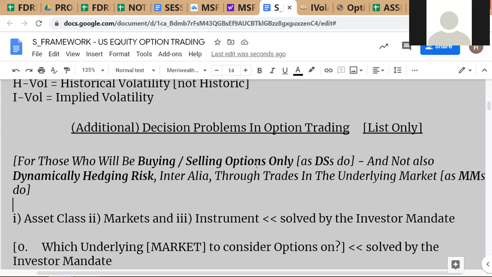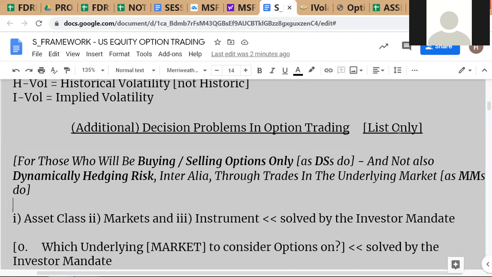They will not touch the underlying asset. They will not do any trades in the underlying market. That's one approach. But there's another approach which is followed by market makers. They will dynamically hedge their risk not only by buying and selling options but also by doing trades in the underlying market. So this is a second approach we will not be looking at.